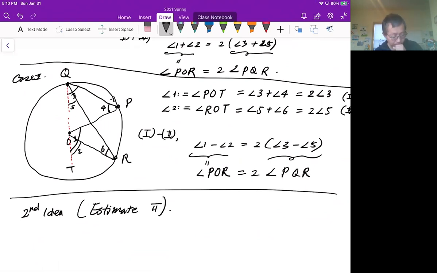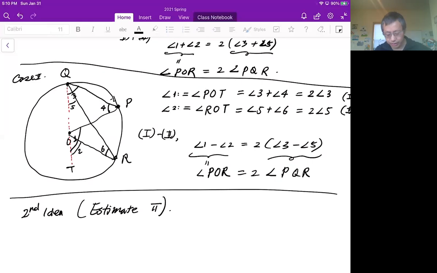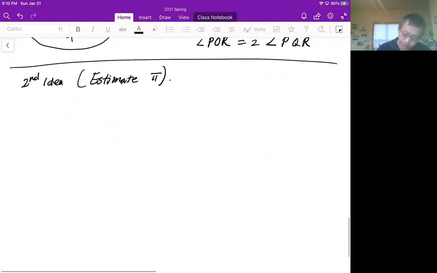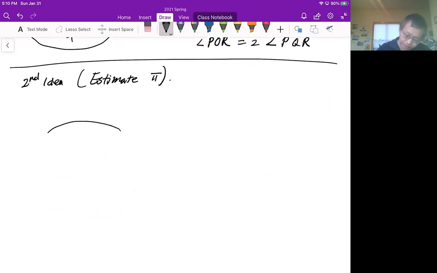Estimate pi. Well, the idea is actually quite simple, very straightforward. Suppose you have a circle, and then I want to get the inscribed regular polygon, and then a circumscribed regular polygon.